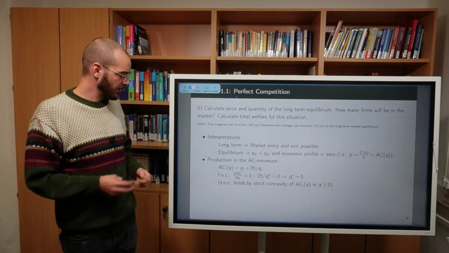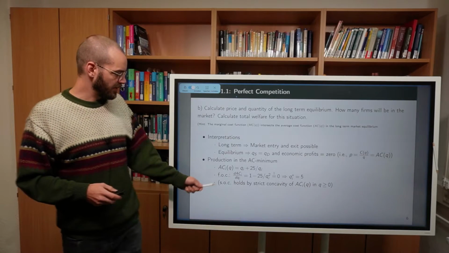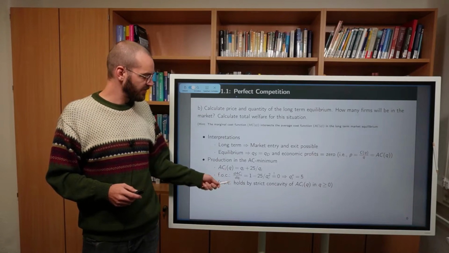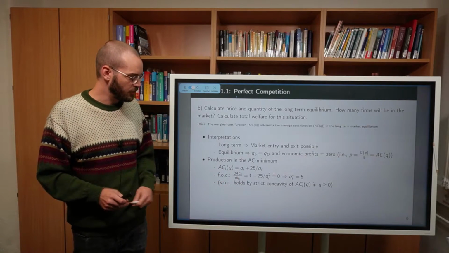So we initially have to calculate the first order derivative. And the first order derivative of this average cost function equals 1 minus 25 divided by Q squared.